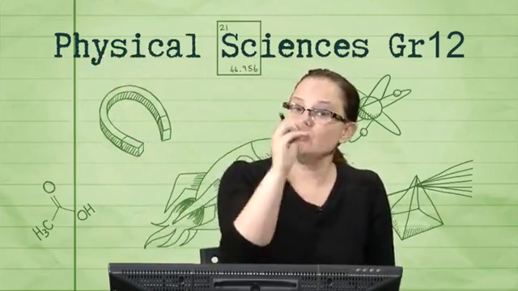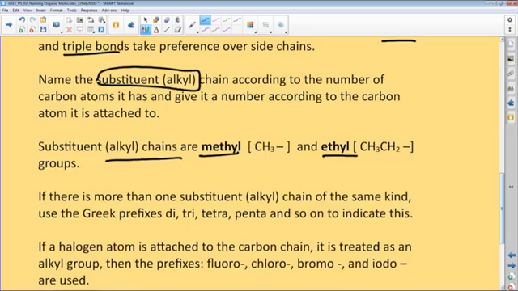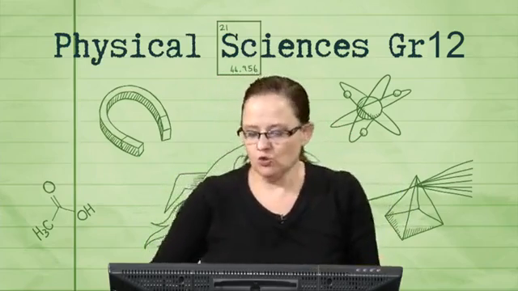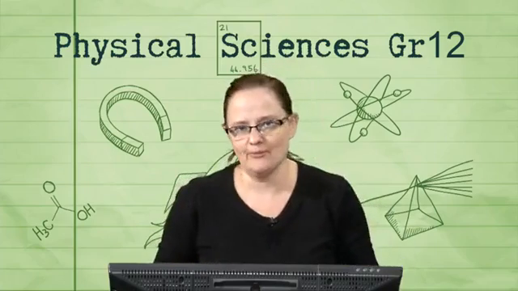If you have more than one of the same branch or add-on, you have to tell me. So then we start using di, tri, and tetra. Actually, we won't use penta. Di, tri, and tetra. Di means 2, tri means 3, tetra means 4. So you've all heard of tetrachloromethane, CCl4, tetrachloro, 4 chlorines, methane on 1 carbon.